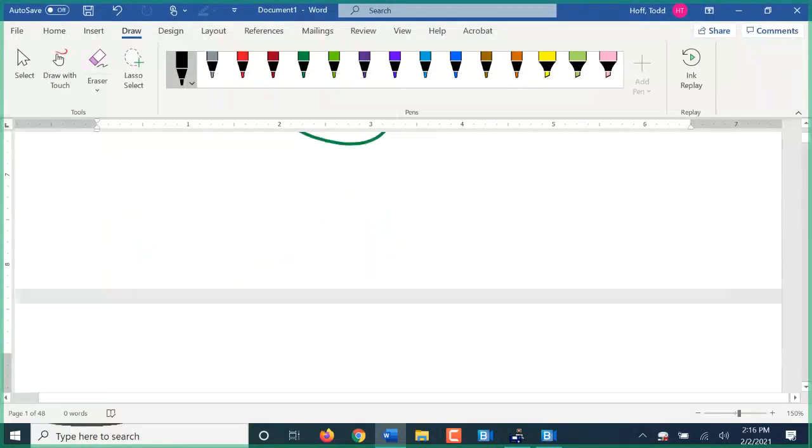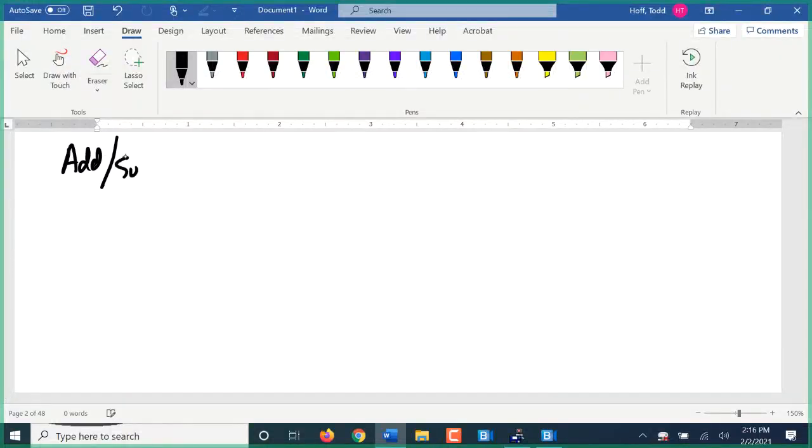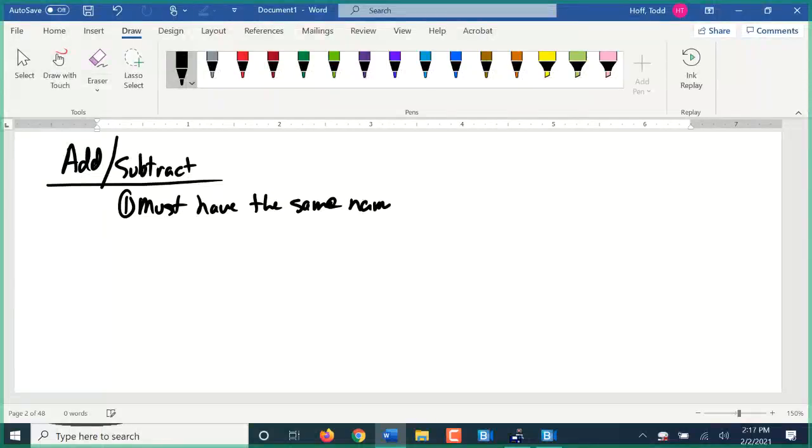So when we go to work with our decimals, the rules are exactly the same as any other number. When we add or subtract, the numbers must have the same name. So for our decimals, that means line up the decimal point.